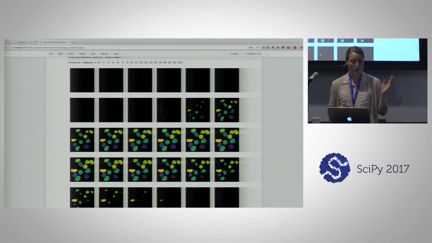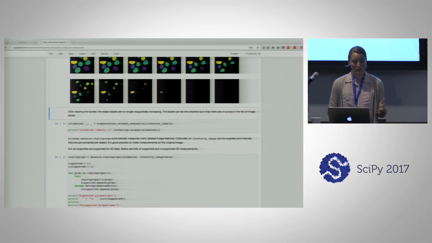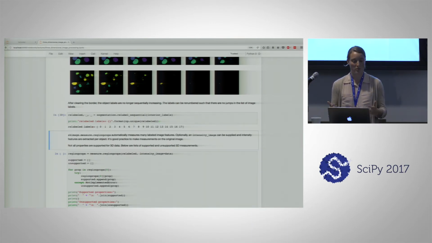We've got objects 1, 3, 5, 6, 7, 9, etc. If this doesn't sit well with you, or if you want to very easily index your objects, you can relabel the numbers sequentially. Now all of our cells are assigned a label between 1 and 17.